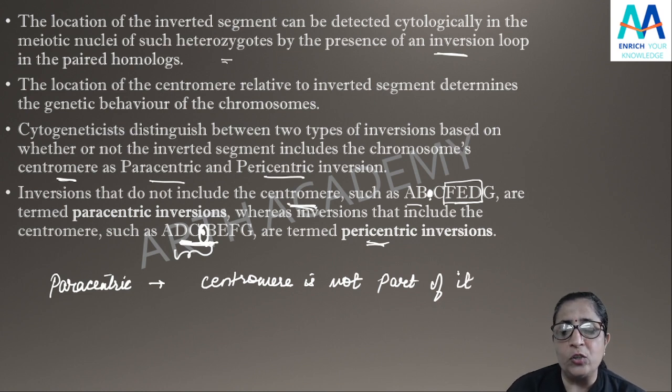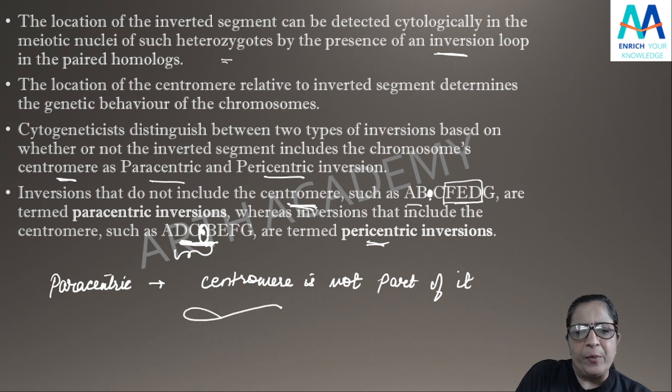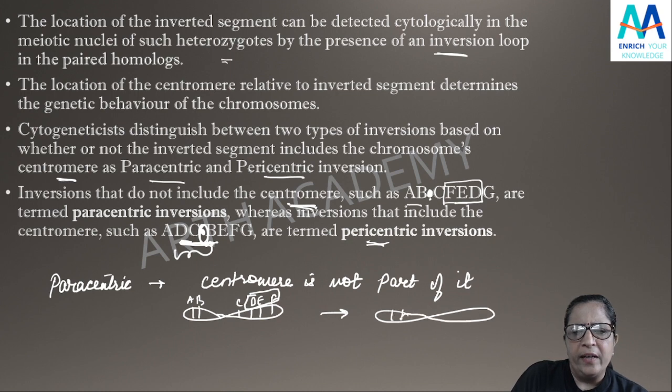Yes, centromere is not included. जैसे कि मैंने अभी आपको एग्जाम्पल में ही बताया, if the inversion is there, A, B, C, D, E, F. Suppose inversion is here in this case. So after inversion what you will get? You will get A, B, C, F, E, D. Yes, so this is what is called a paracentric.